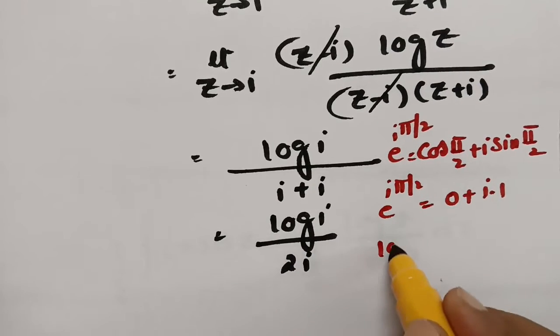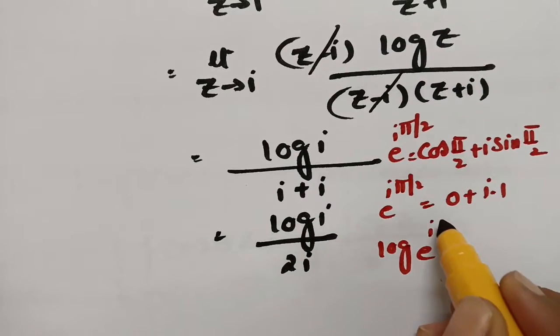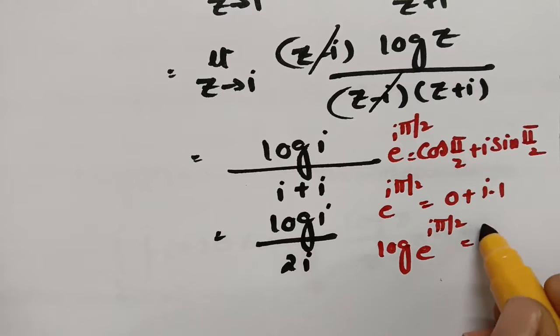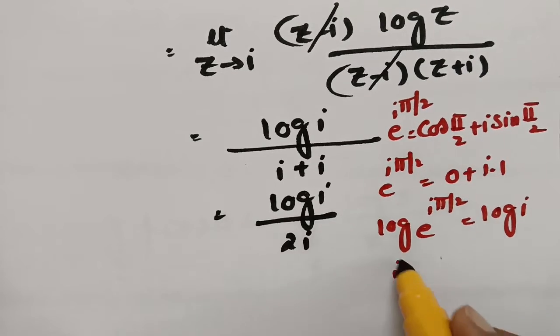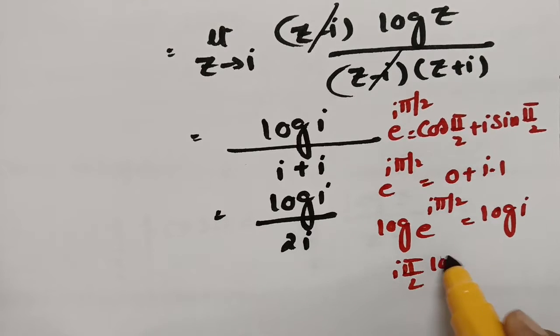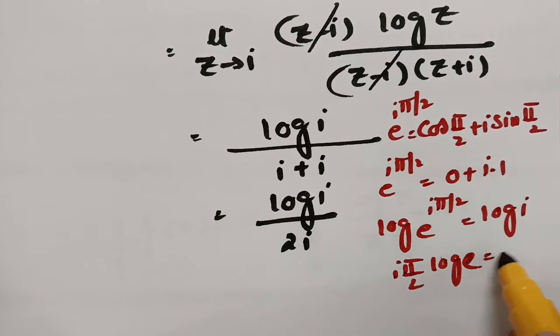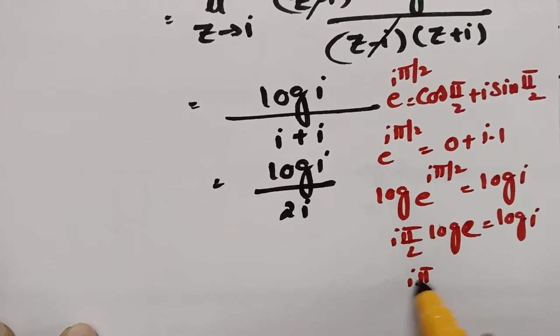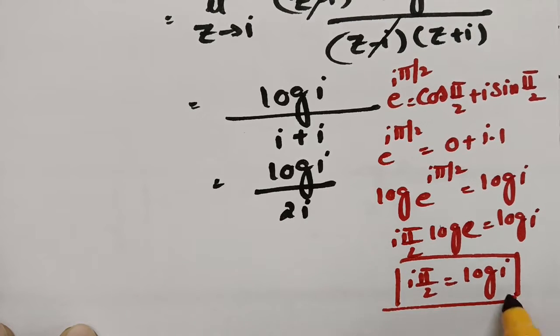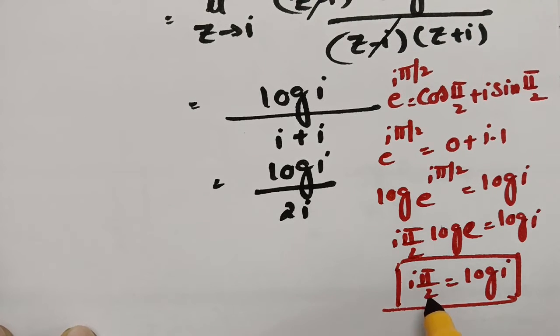So if I take log, log of e power i pi by 2 is equal to log i. If I bring it in front, that is i pi by 2 log e, and log e value is equal to 1. So i pi by 2 is equal to log i. So we have log i value is i pi by 2.